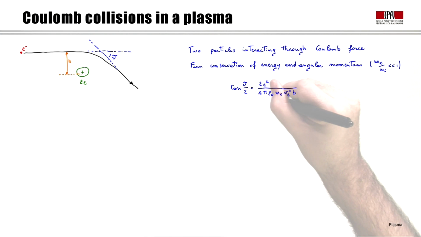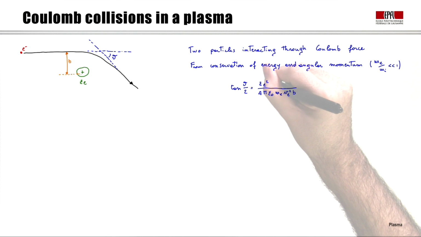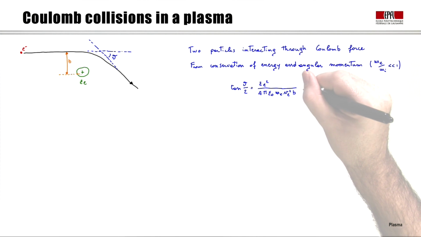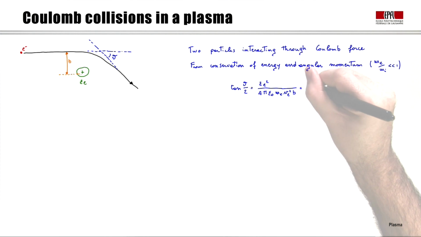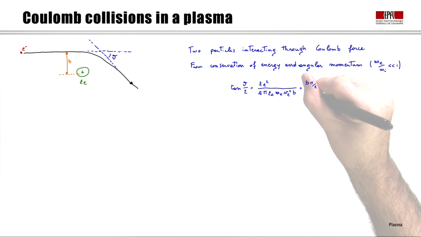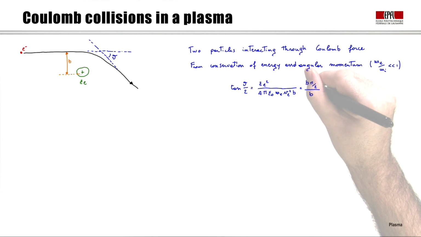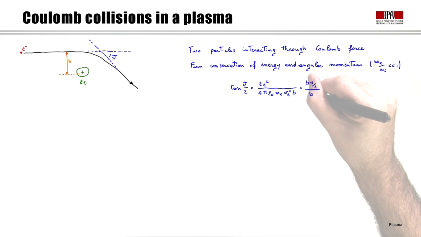Now, the interesting thing is that this quantity, Z e squared over 4 pi epsilon 0 me ve squared, is exactly what we have defined before as b pi over 2. So this tangent can be written as b of pi over 2 over b.